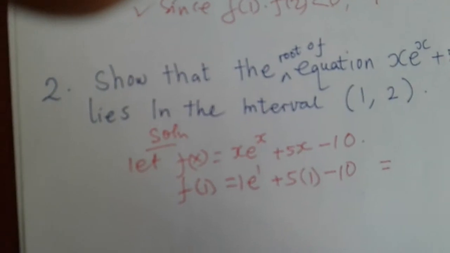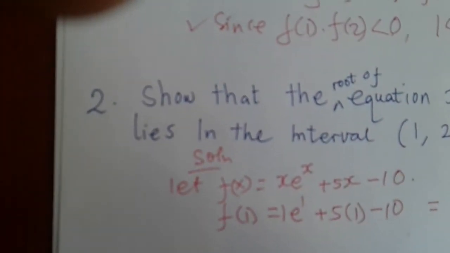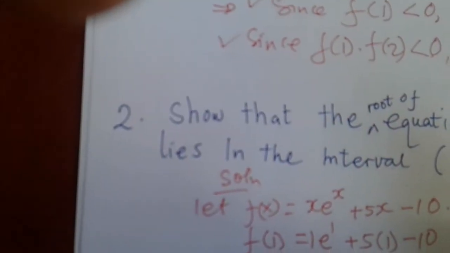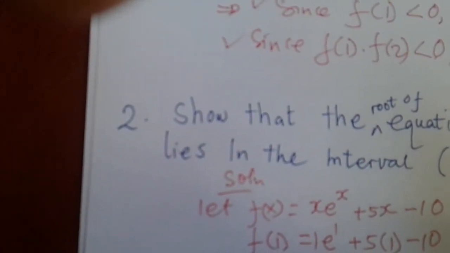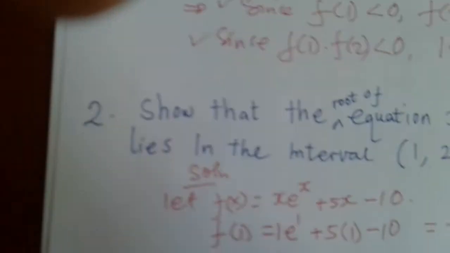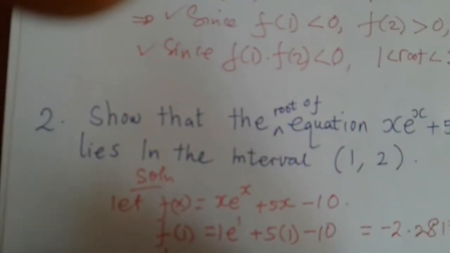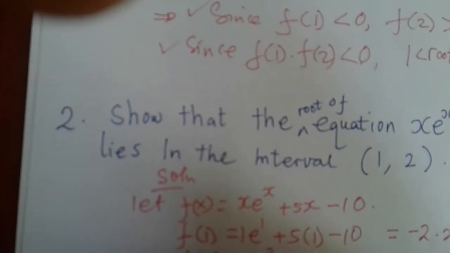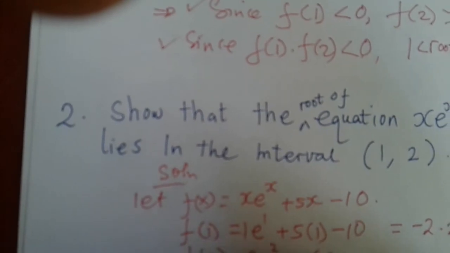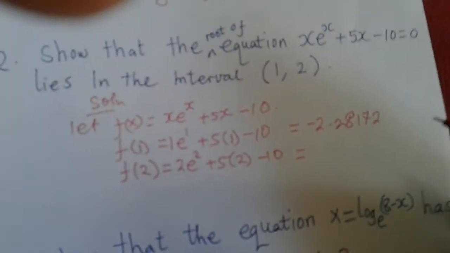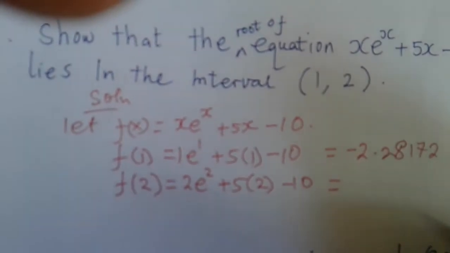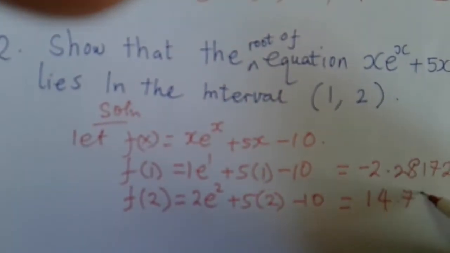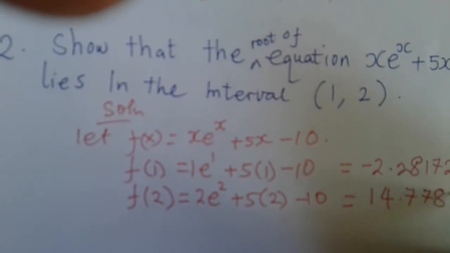Use your calculator properly, and when you substitute, it gives negative 2.28172. Now, f of 2 should be 2 e squared plus 5 times 2 minus 10. Similarly, when you put 2 in your calculator, it gives 14.7781.